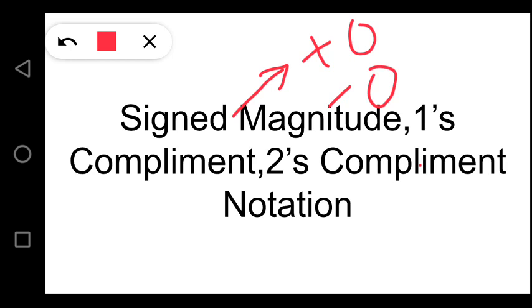So the best solution would be to go for another notation for storing the number in the computer's memory. Remember all these notations: signed magnitude, 1's complement or 2's complement notation. All these are different techniques for storing a number in memory.